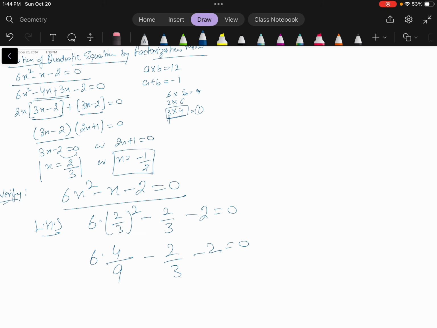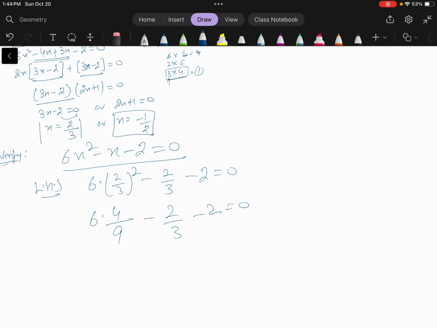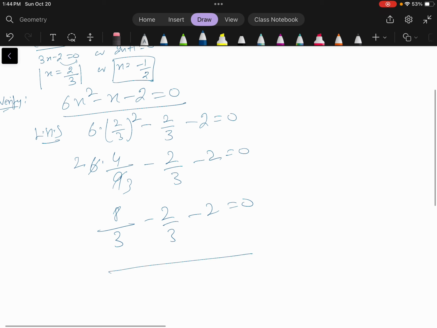So now 2 3s are 6 and 3 3s are 9, so we will get 8 by 3 minus 2 by 3 minus 2. Now we will take the LCM as 3, so 8 minus 2 minus 6.